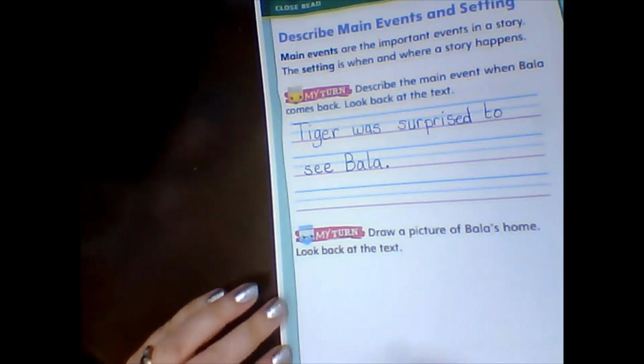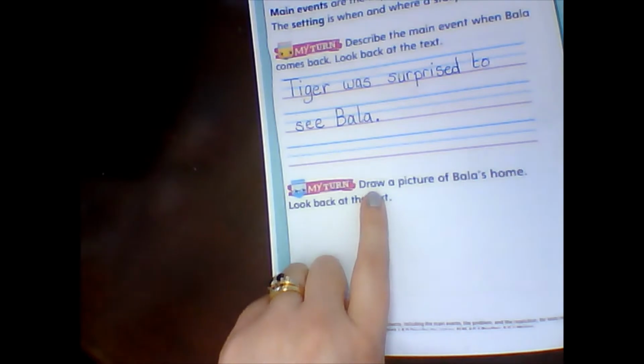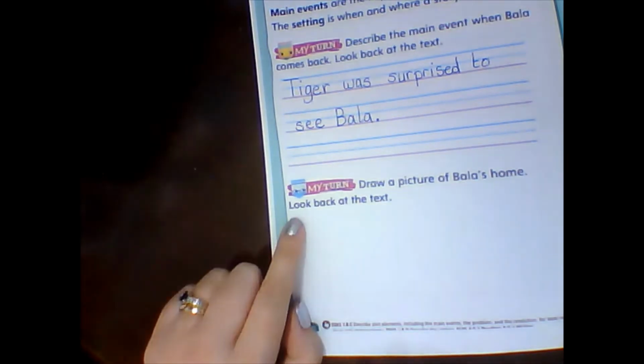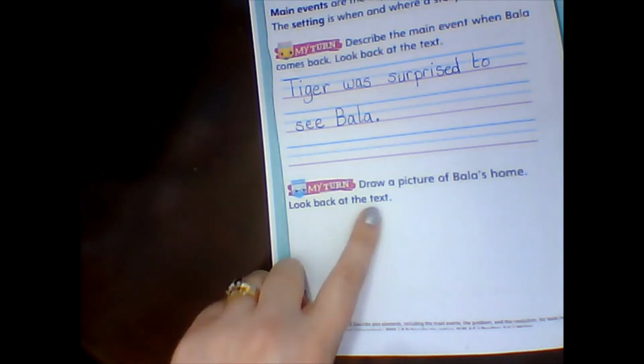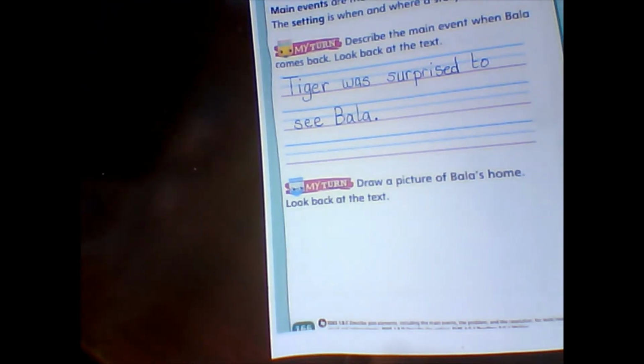Now, my fellow artists, what I want you to do is draw a picture of Bala's home. We can look back at the text. Who remembers where Bala lives? Did she live in the shadowy forest?